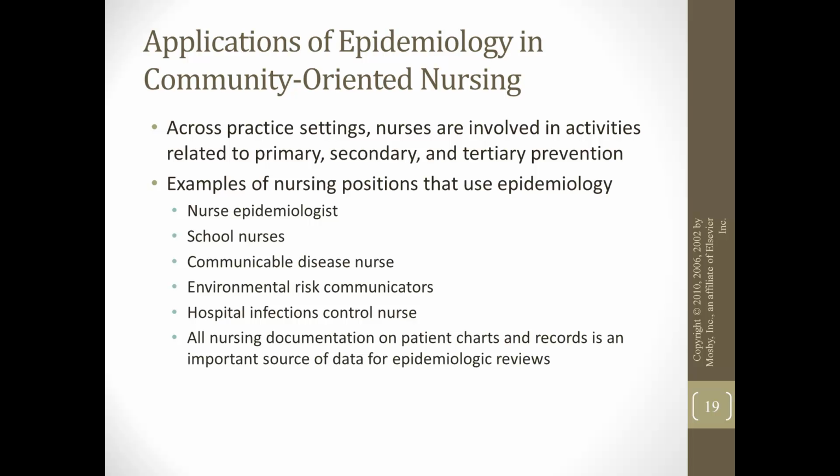A nurse epidemiologist might also work with the Center for Disease Control or a larger state organization too. A nurse might also be one who looks at charts and records and finds information, and maybe doesn't quite fit into any of the specific roles.